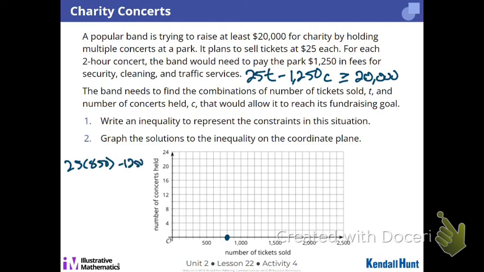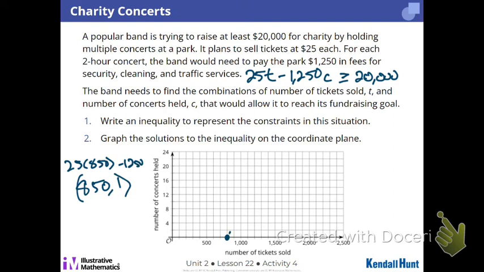What does that equal? That minus 1250 is 20,000. That works. So we can go 850, 1. That does work.